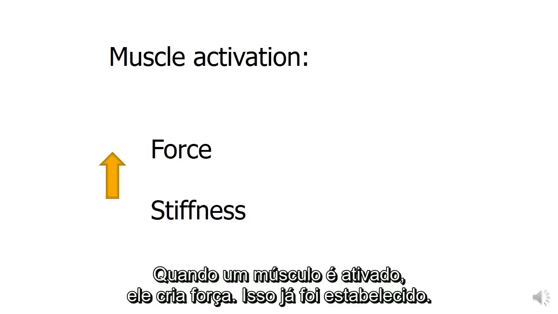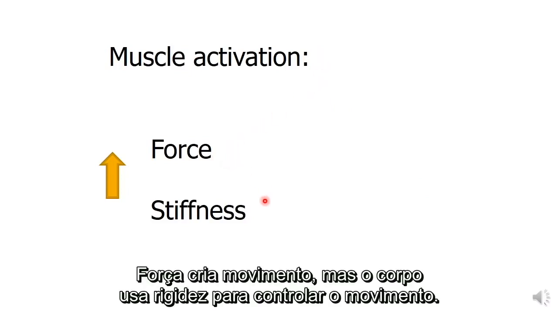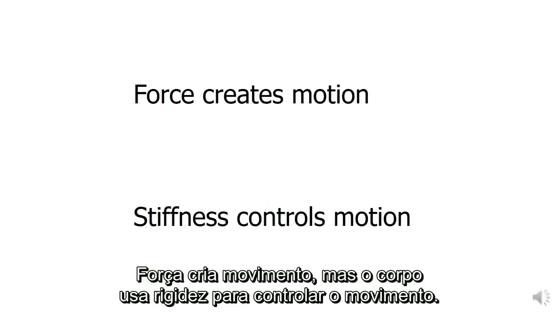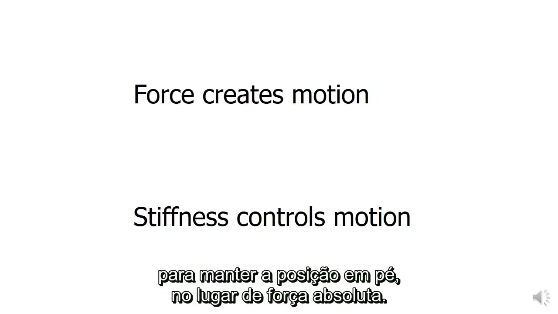When a muscle activates, it creates force. This is well known, but it also creates stiffness. Now, force creates movement, but the body uses stiffness to control movement. When we stand upright, for example, we're using primarily muscle stiffness to maintain the upright posture rather than absolute force.